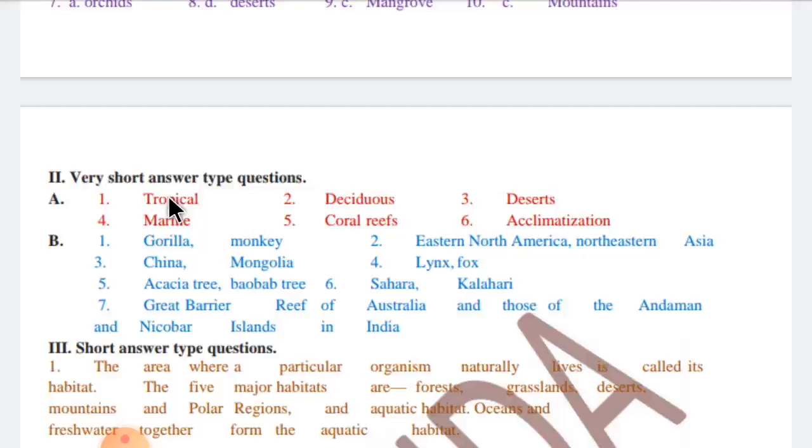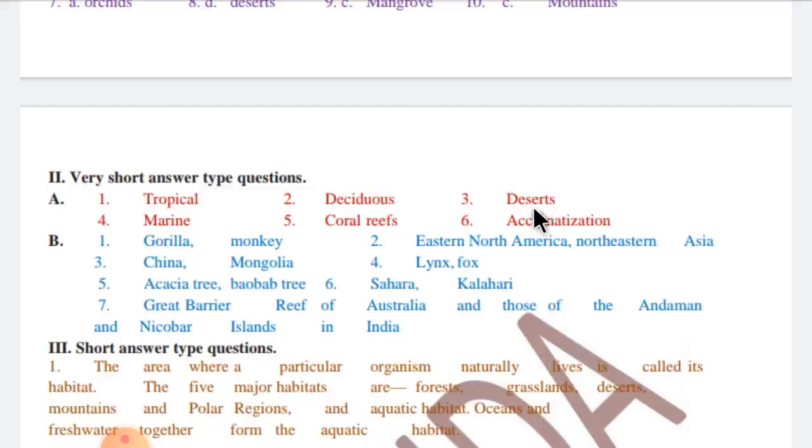Let's see the second one. Trees that shed their leaves once a year, mostly in winter, that is deciduous. Let's see the third one: areas that receive very little rainfall.